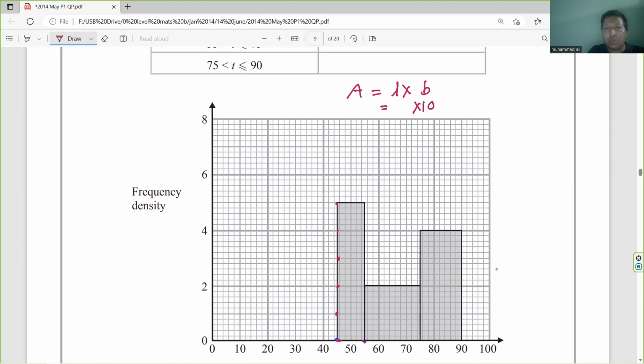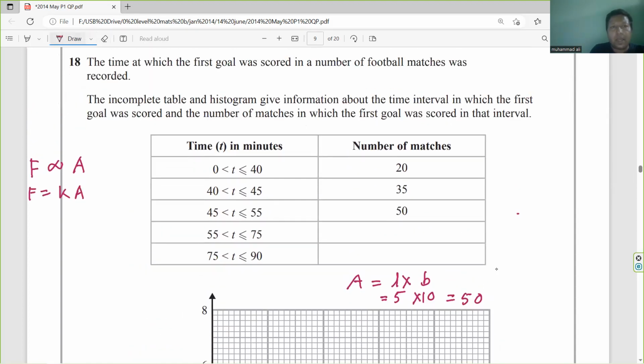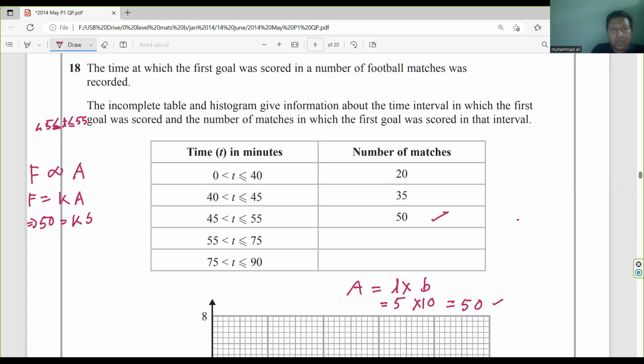So the area equals 10 times 5, which is 50. For the interval 45 to 55, the frequency is 50, and the area from the histogram is also 50.